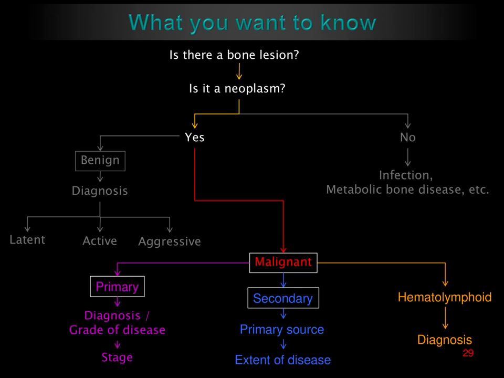That is, where else it has spread, how extensively has it spread, has it involved some other vital organs, whether there are liver metastases, whether there is brain metastasis, whether there is lung metastasis, if there are skeletal metastases, whether this is a solitary metastasis or whether the patient has more metastases, and what is the likelihood of having problems due to these metastases. And when it comes to hematolymphoid malignancies, you want to know what is the diagnosis, whether it is say multiple myeloma or lymphoma.